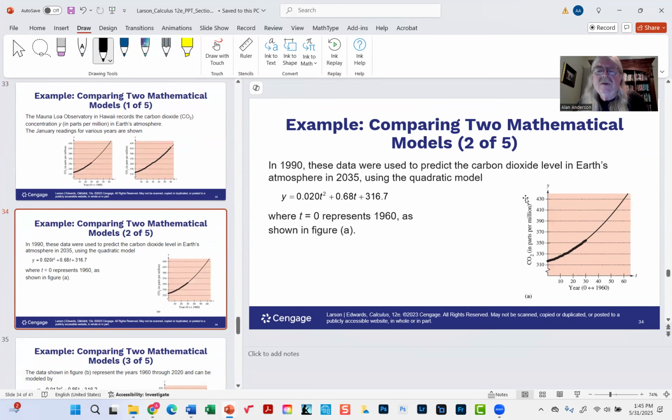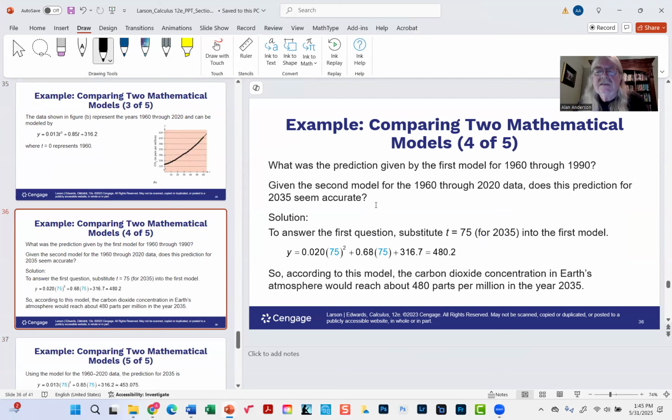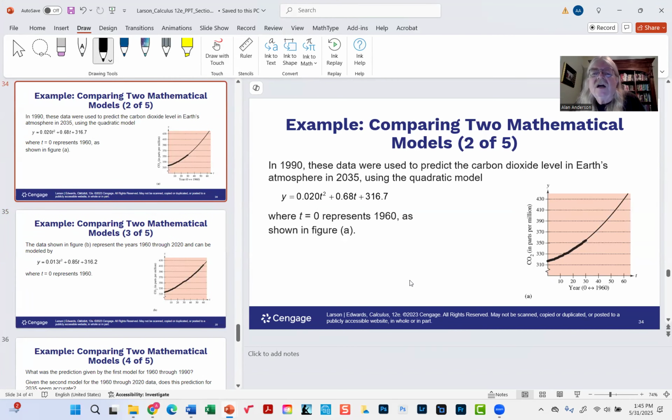All right, so here they're going to briefly discuss mathematical models, some ways in which we can use math to represent real-world variables. Like here, they're looking at carbon dioxide using a quadratic equation. What you can do is use this as a prediction. Now, whenever you have a model like this based on time, you have to be careful. You're not going to use the actual years in this model.